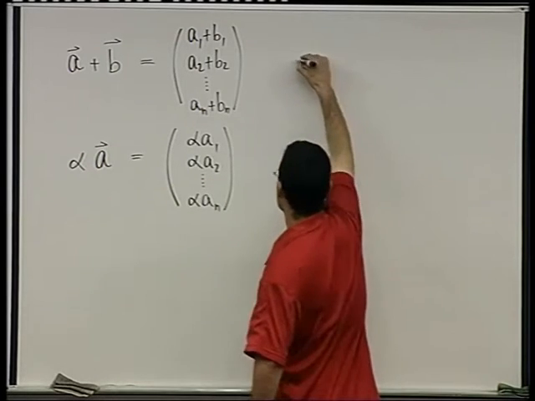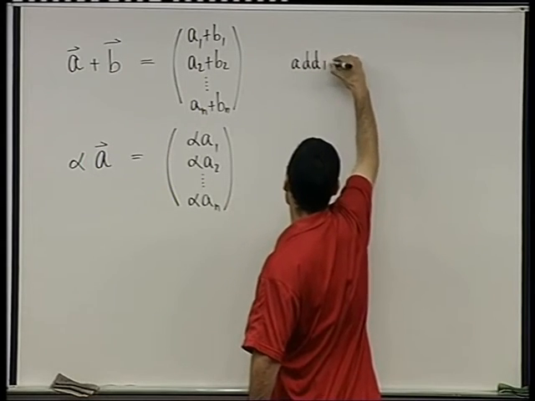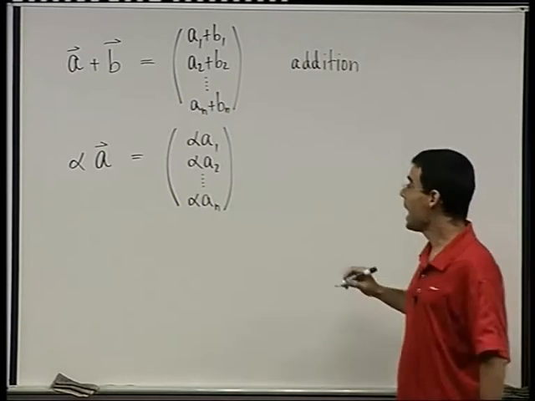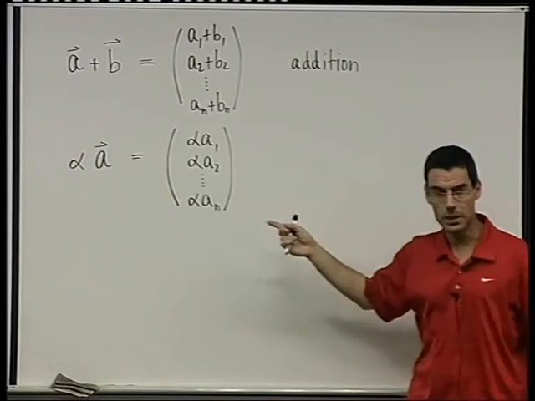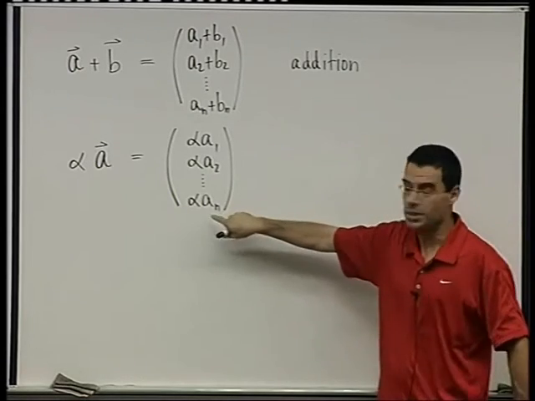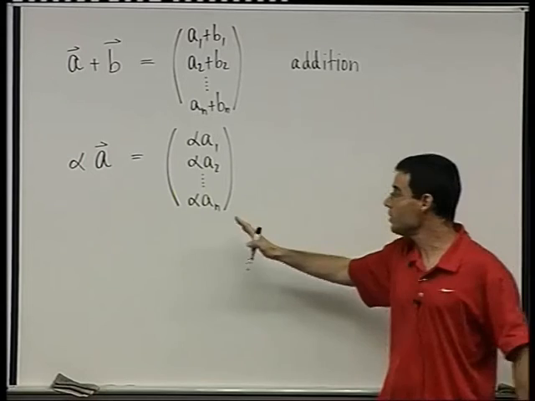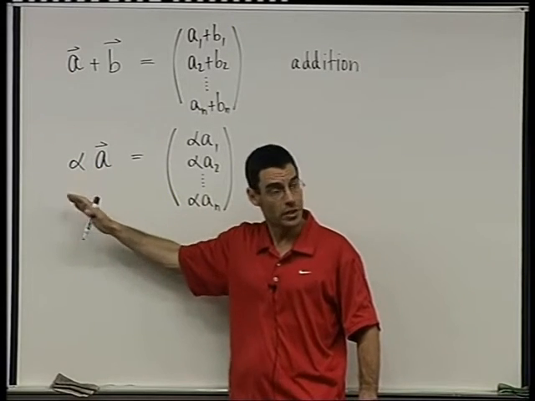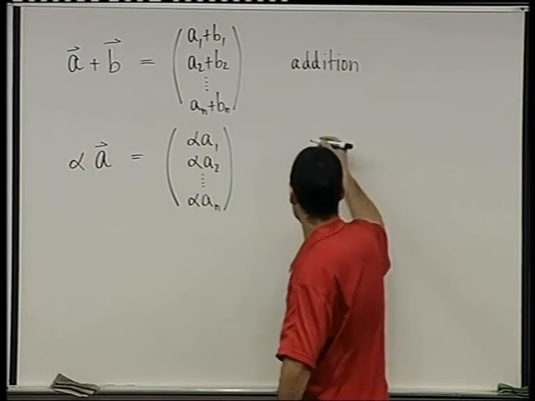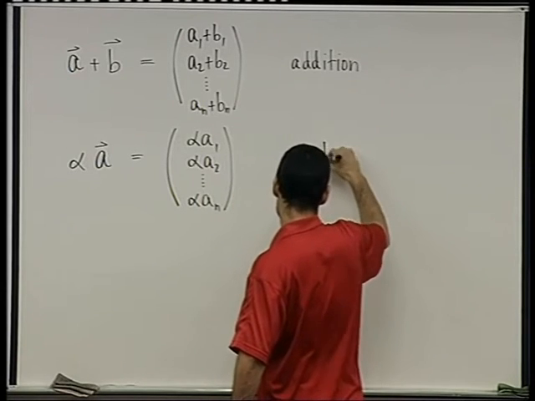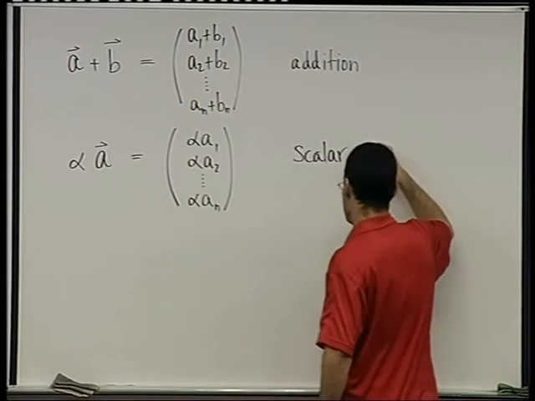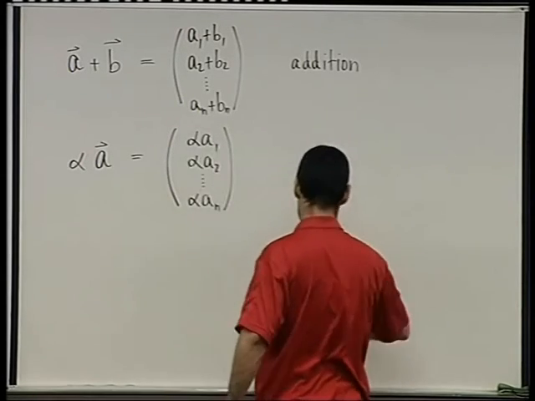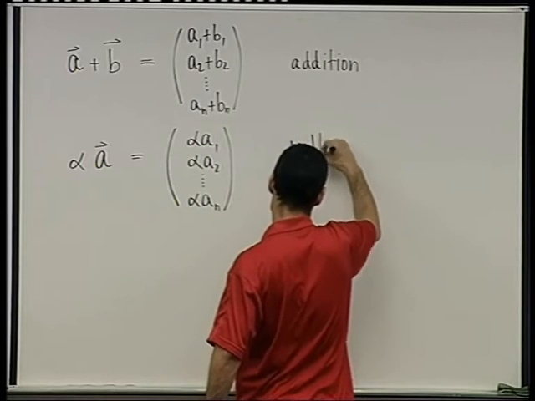So we have two operations here. One is the addition of vectors, and another is a weird operation because it's not an intrinsic operation to vectors. It's rather an operation between vectors and numbers from the field, which are called scalars. So this is what's called scalar multiplication. No, that's bad terminology. Multiplication by a scalar.